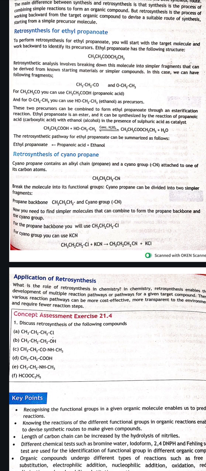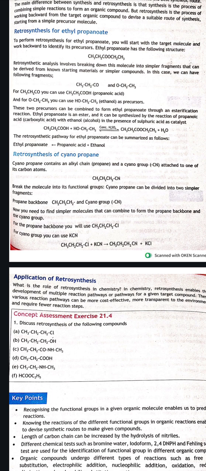Retrosynthesis for ethyl propanoate. To perform retrosynthesis of ethyl propanoate, we will start with the target molecule and work backward to identify its precursors. Ethyl propanoate has the following structure. Retrosynthetic analysis involves breaking down this molecule into simple fragments that can be derived from known starting materials.